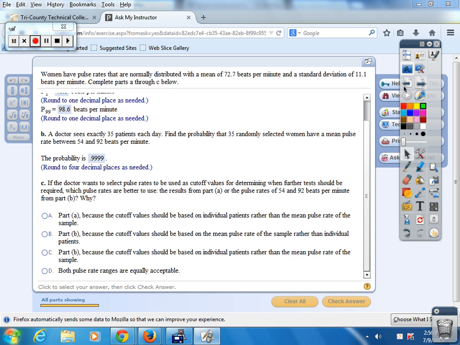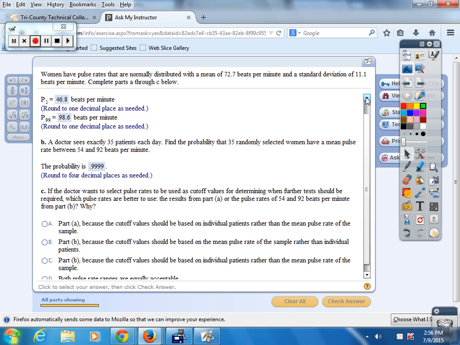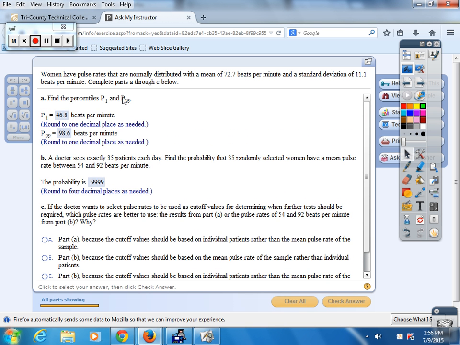Okay, now it's for the next question. If the doctor wants to select pulse rates to be used as cutoff values for determining when further tests should be required, which pulse rates are better? The result from Part A or Part B? Well, it says women have pulse rates that are normally distributed, and the doctor sees exactly 35 patients a day.